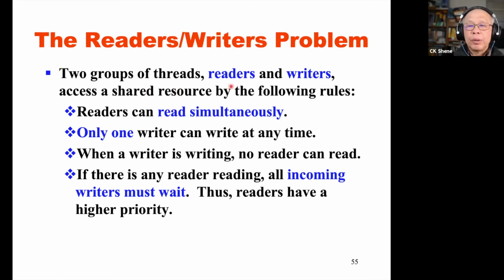One group is referred to as readers, the other, the writers. The readers and writers could have access to a shared resource. And you know, when you see accessing a shared resource, race condition could happen. You are right.